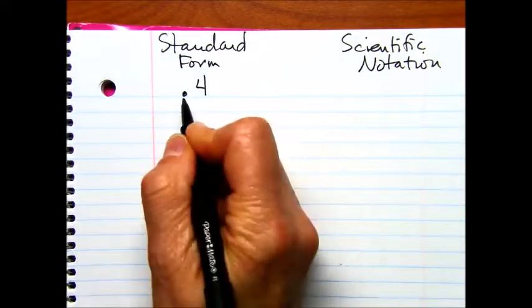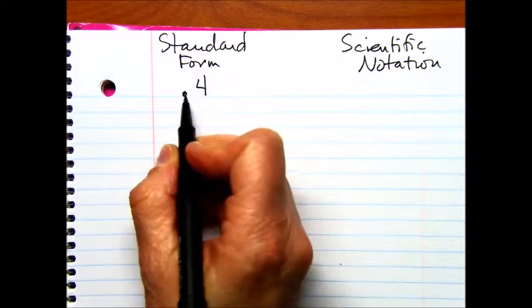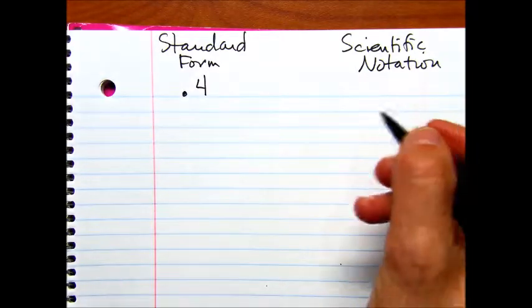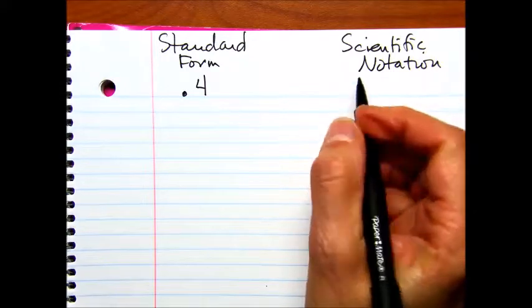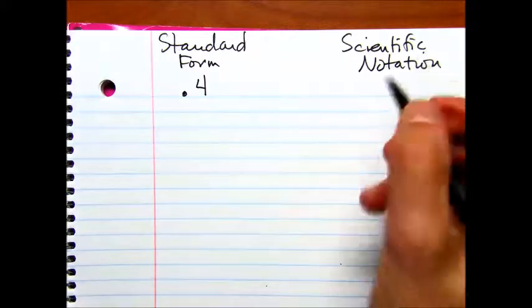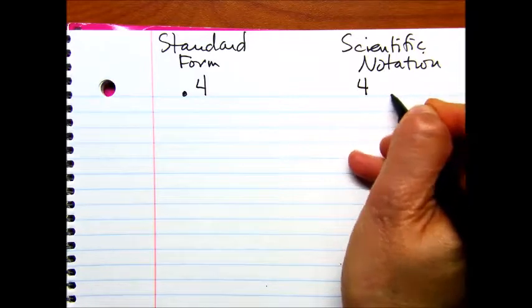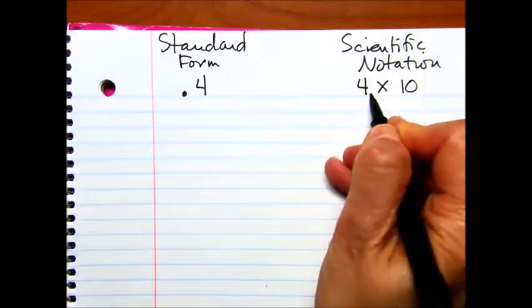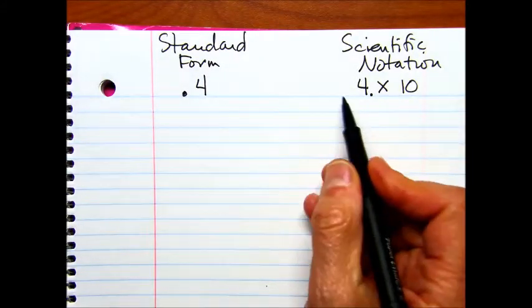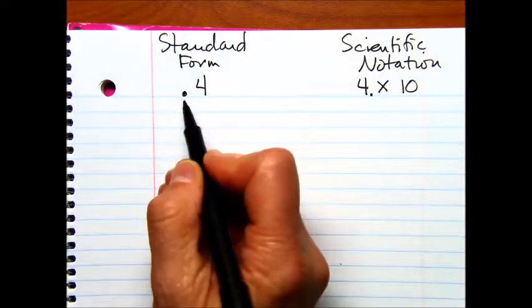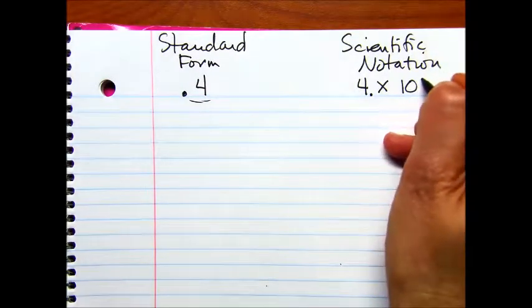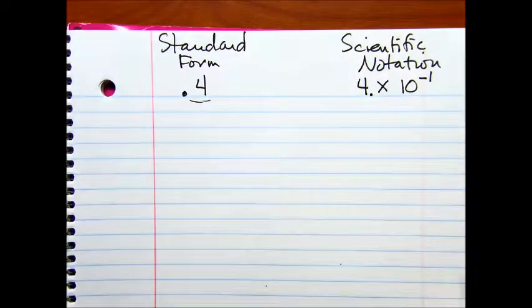Okay, so because this is a number that's less than 1, we want to make this into a number that is equal to or greater than 1 but less than 10, so that's going to be 4 times 10, and basically the decimal's right here. Alright, so what we've done is we've moved it 1 place, but we're going to move it in the negative direction. So 4 times 10 to the negative 1.